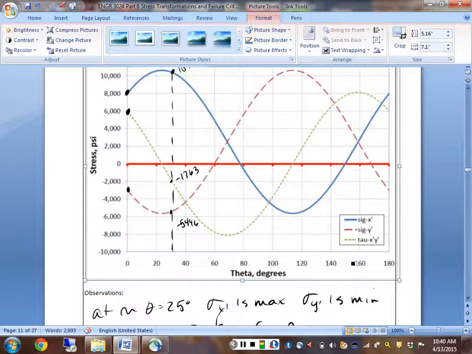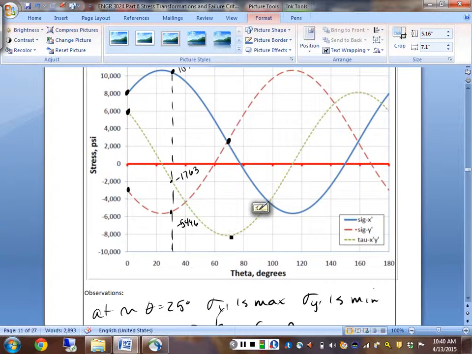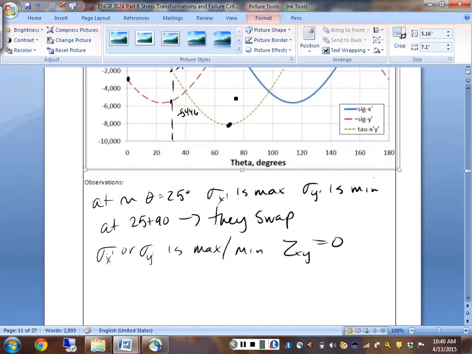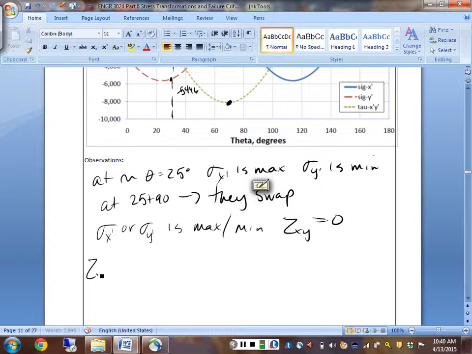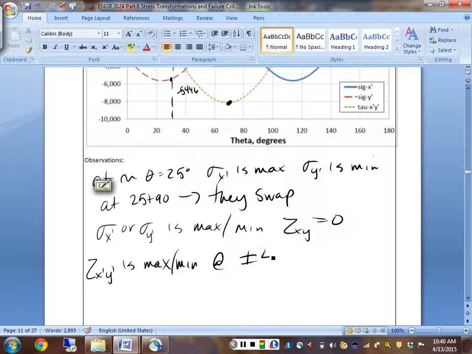So if you look back here, at the point that shear is maximized, your normal stresses are equal. And that happens 45 degrees. So tau x prime y prime is max or min at plus or minus 45 degrees from sigma x prime, sigma y prime, max or min.